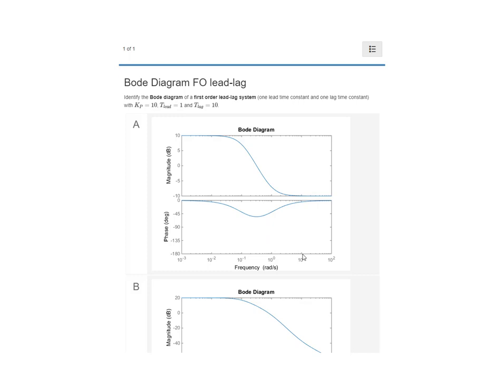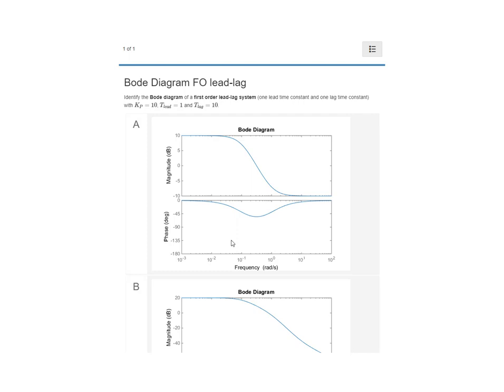There is a direct feed-through term, and this high frequency gain is Kp T_lead over T_lag, so it's 1, so 0 dB. We can see here that the lag action will start at 1 over T_lag, so 0.1 radians per second, and the lead action will start at 1 over T_lead. This is at 1 radian per second.